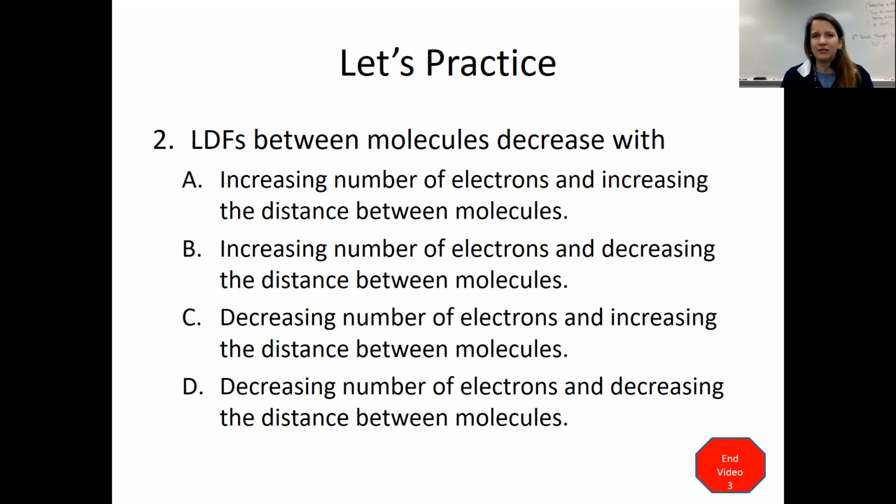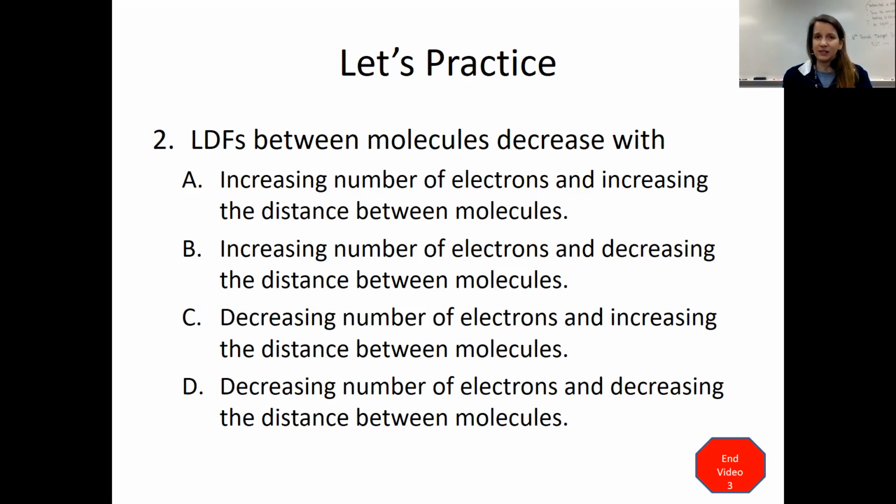No. I think we can get rid of any answer choice that says decreasing the distance, because if you're getting closer, you're going to be able to influence those more. So that means we can get rid of B and D, because those both say decreasing the distance with the molecules. So that leaves us with A and C.